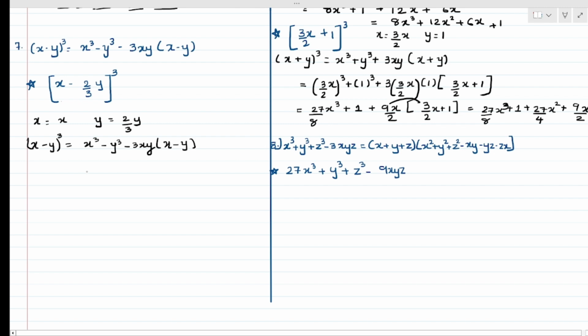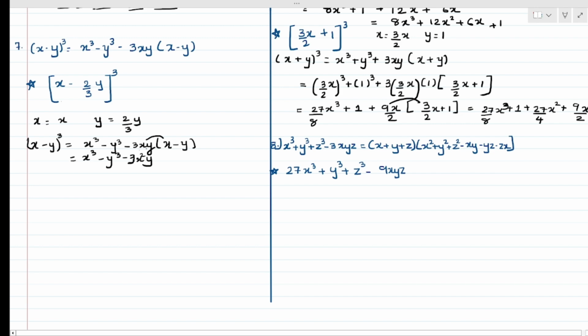Now, this identity can further be expanded. How? You can also write x cube minus y cube minus 3 times x times x, which gives x square and y. So, this will become minus 3x square y when you multiply this term with x.